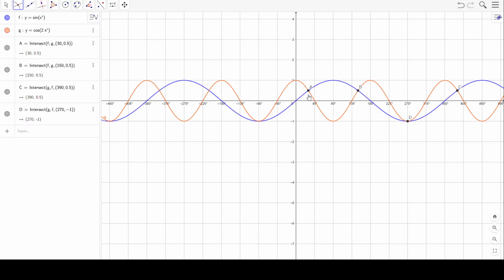Let us review again. A, look here, 30. The next one, B, is 150. The next one, which is below, where we don't care about the y value, we care about the x value, is 270.